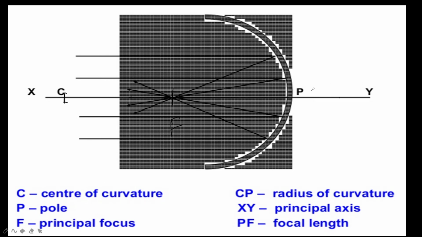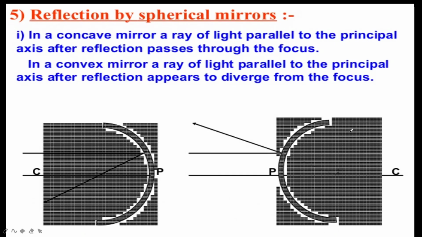This point is called the pole. This is the radius of curvature, XY is the principal axis, PF is the focal length. These are the terms related to spherical mirrors.